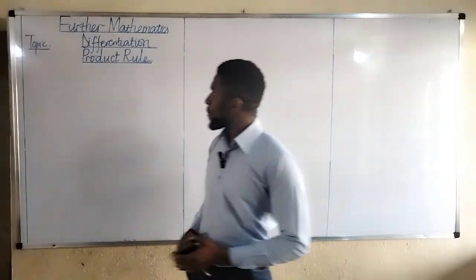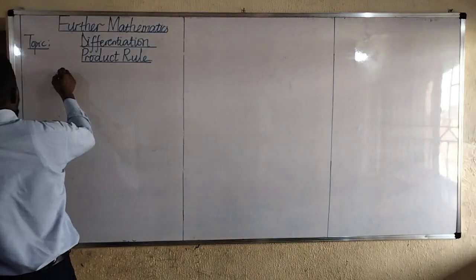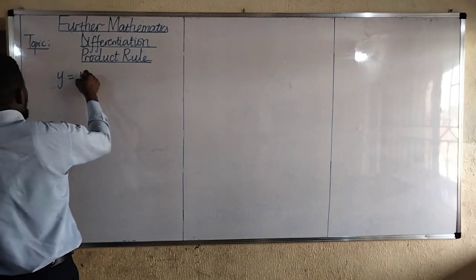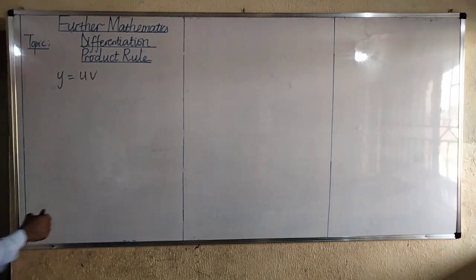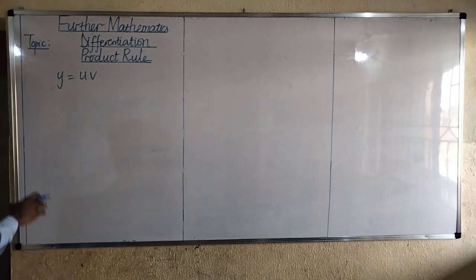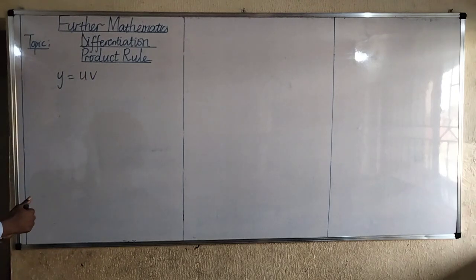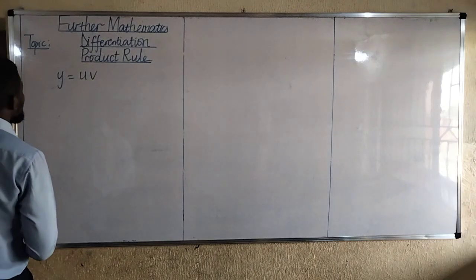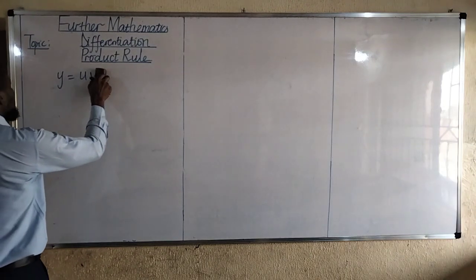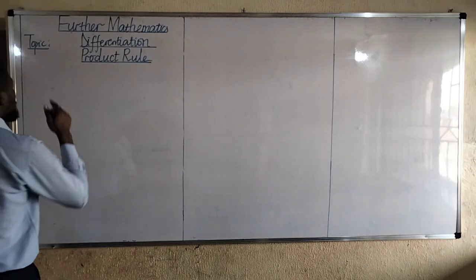For example, if we have that y is equal to uv, that is to say, for you to obtain the value of this y, it is the product of what? u and v. Having known this, let us get the general formula of product rule.